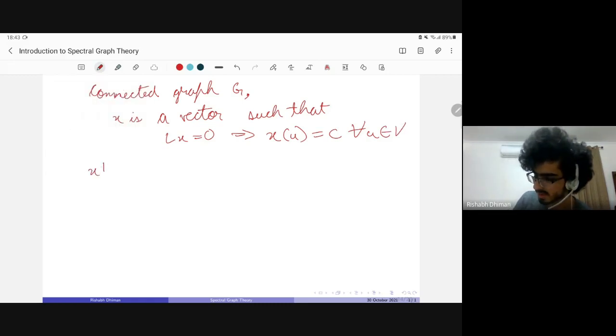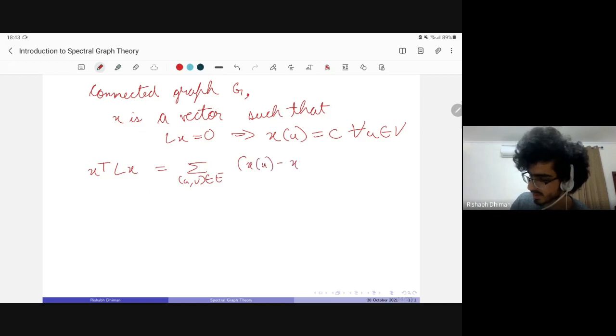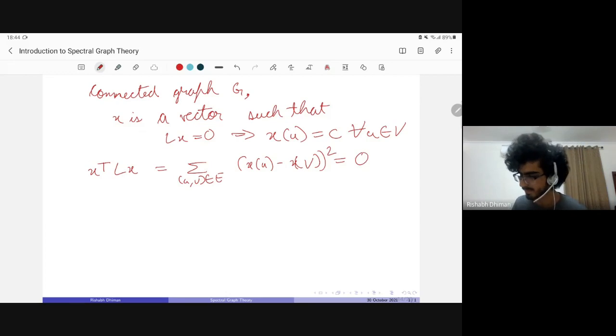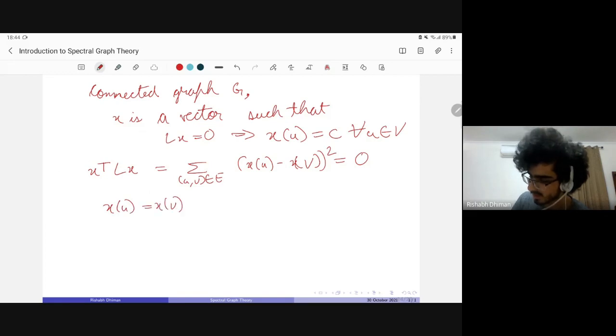The proof is just x^T L x is equal to the summation over edges uv of (xu minus xv) squared, and this is 0. And this is 0 if and only if xu is equal to xv for all edges.